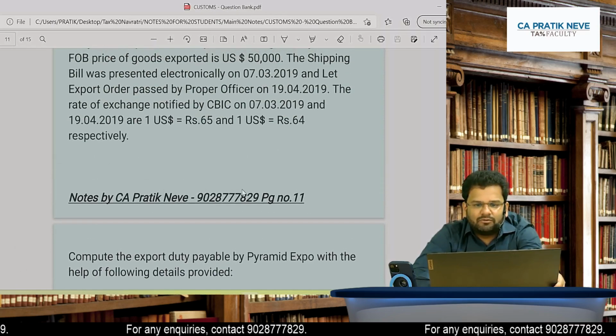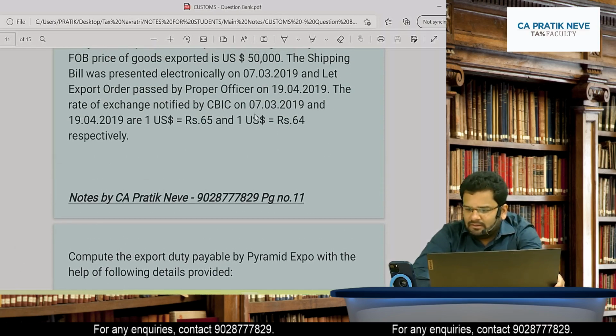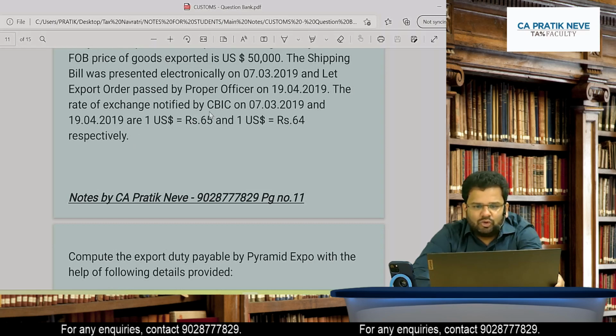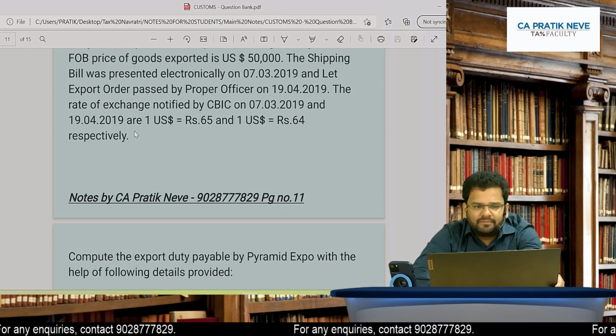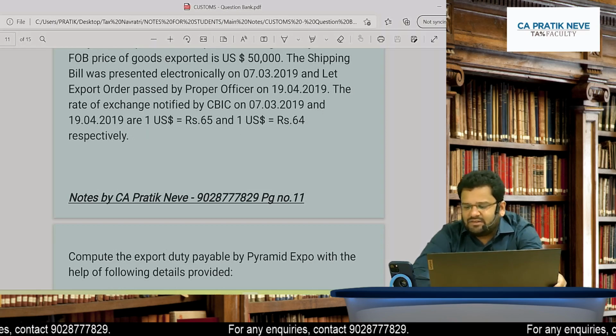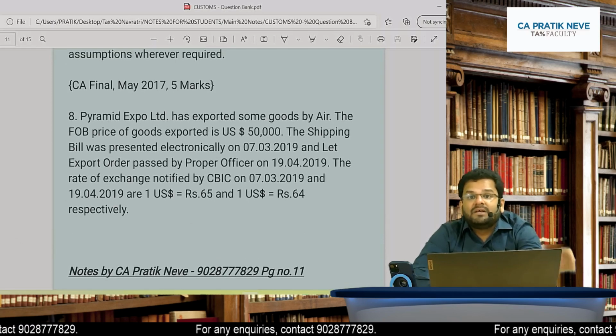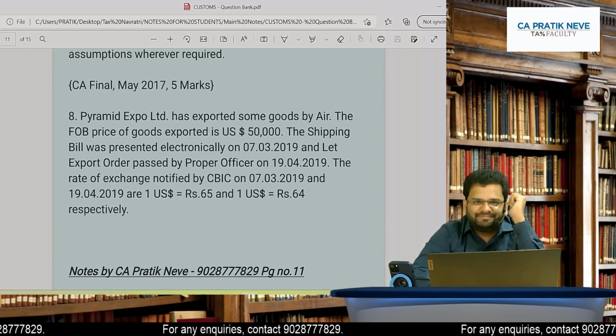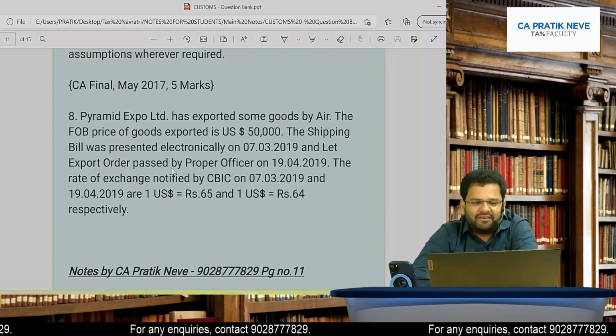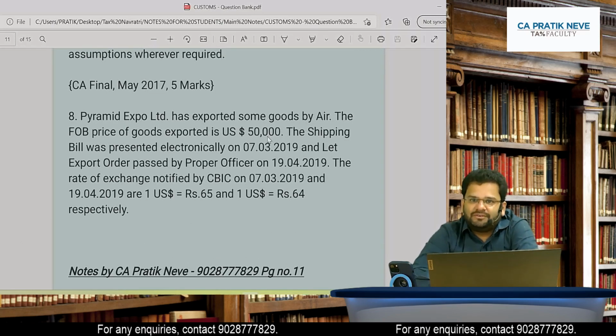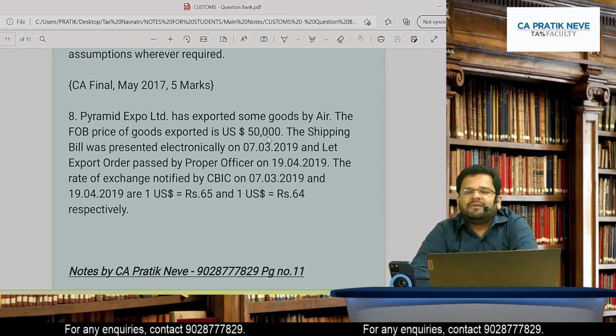It will be given somewhere. Yes, the rate of exchange notified by CBIC on 7th March 19 and 19th April 19 are 65 and 64 respectively. So yes, you will take 65. So take 65 into 50,000. That becomes your assessable value.